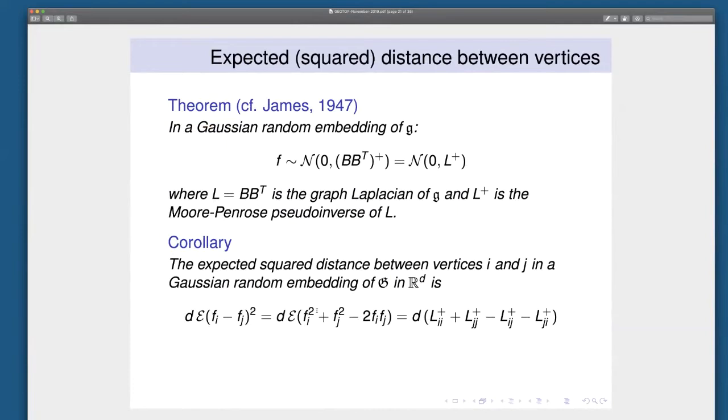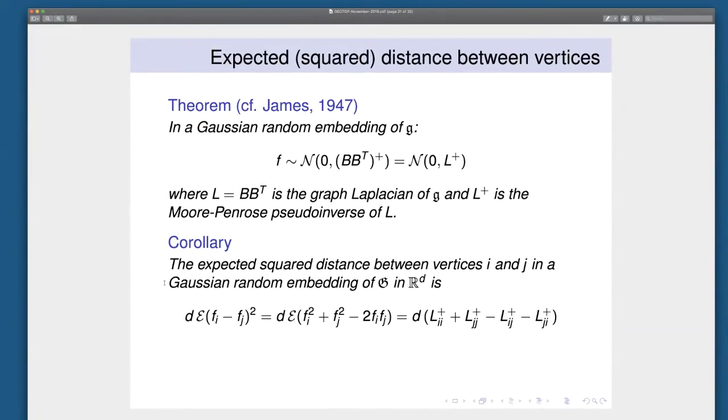So in particular, the expectation of f_i squared is the diagonal element i in L plus. The expectation of f_j squared is the diagonal element j in L plus. And these guys are L_ij and L_ji. L is a symmetric matrix, so these are actually the same.